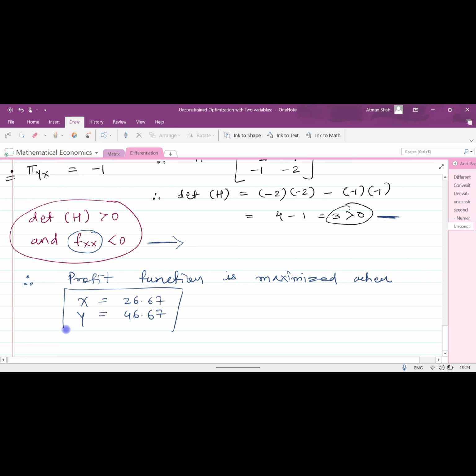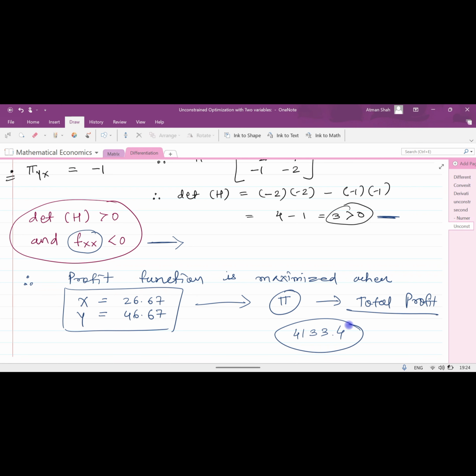And now you substitute this value into pi to find the total profit. So it is around 4133.4. So this is how we can find the unconstrained optimization solution.